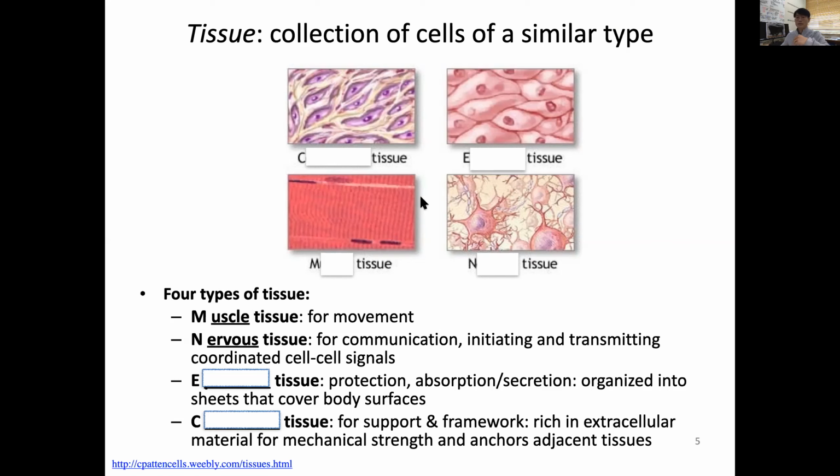And the surface of our body or surface of organs and cavities, which require protection or absorbing and secreting, is organized into sheets that cover the body surfaces inside and out. That specialized tissue is called epithelial tissue. I'm going to get back to this again. And support and framework with rich extracellular material or matrix for mechanical strength and anchoring against adjacent tissues are called connective tissues.